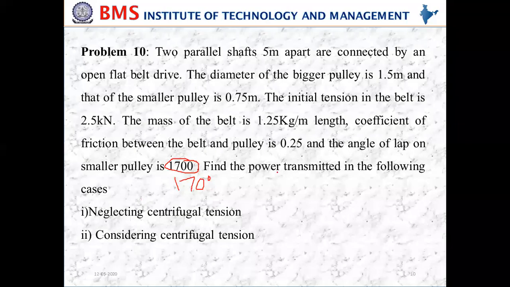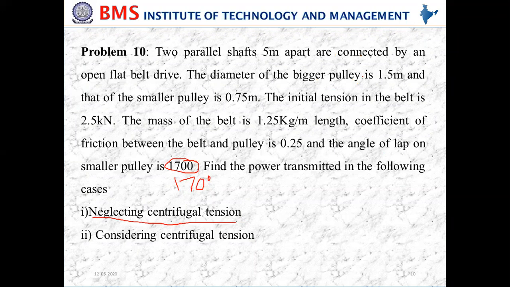Find the power transmitted in the following cases. One is neglecting centrifugal tension. When you neglect the centrifugal tension, we find the initial tension as T1 plus T2 by 2 only. If you consider the centrifugal tension, we need to look at (T1 plus T2 plus 2 Tc) by 2, because when you consider the centrifugal tension, we have derived the equation as (T1 plus T2 plus 2 Tc) by 2.